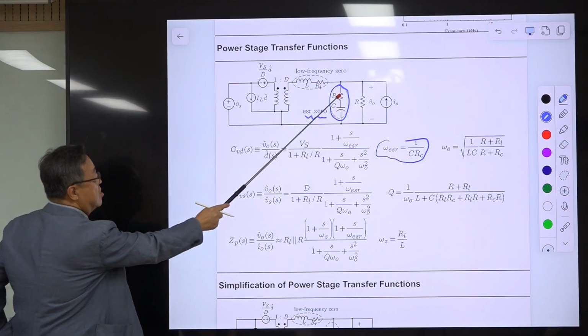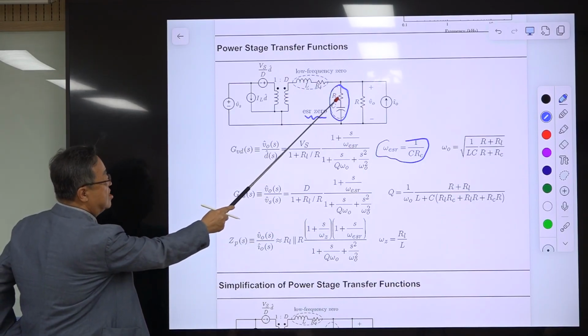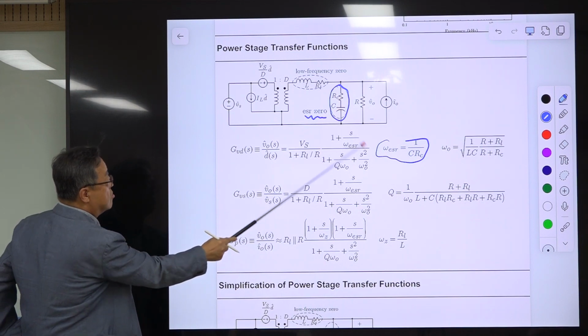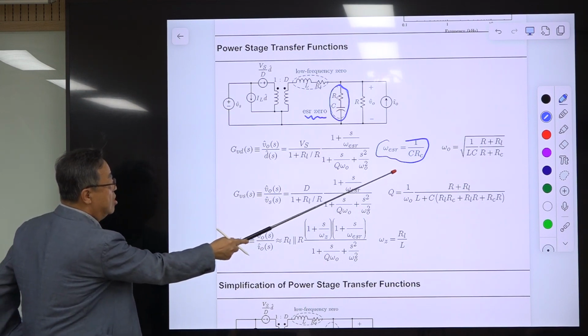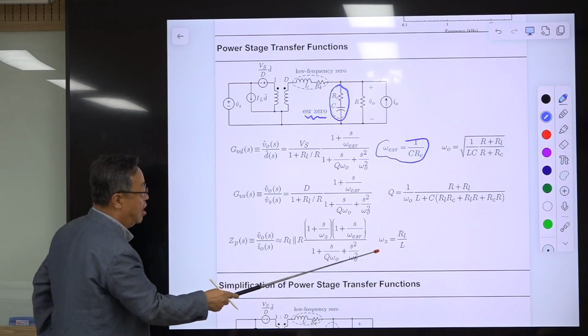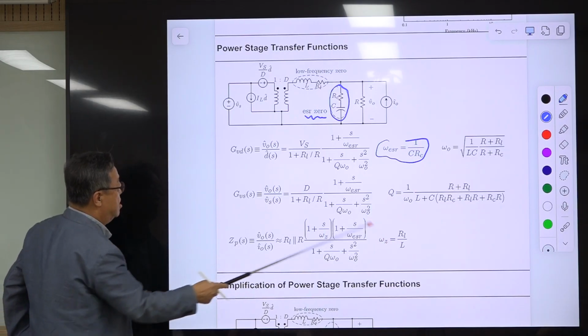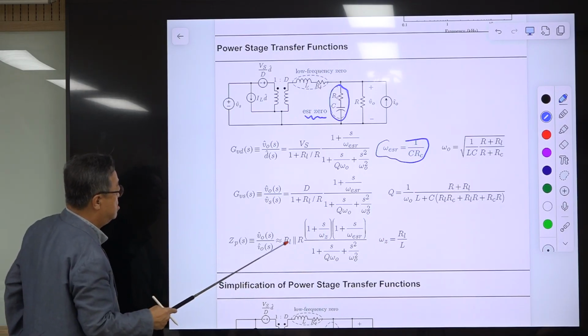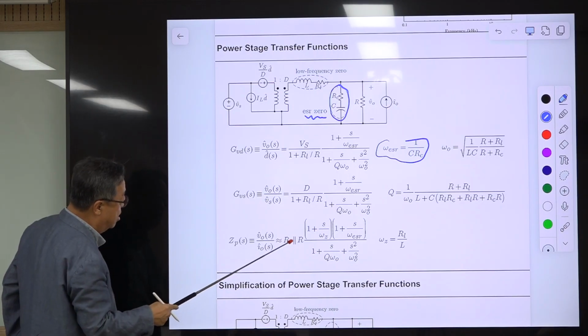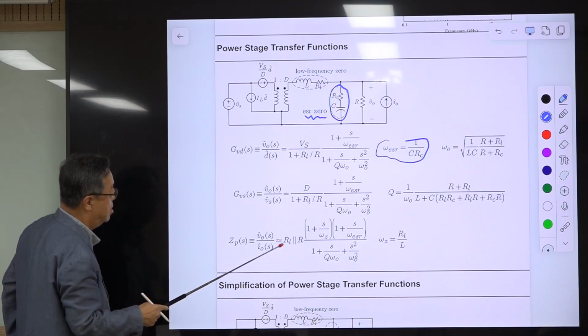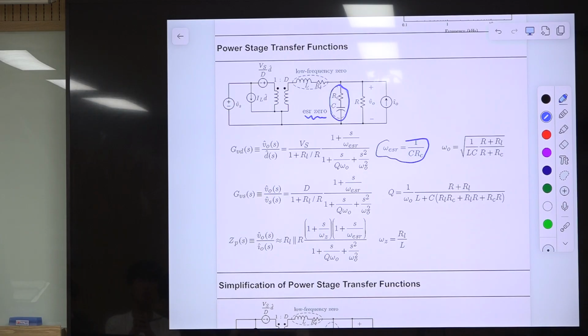This is called ESR, the equivalent series resistance of the capacitor. This is the exact expression, and this is the exact one, right?